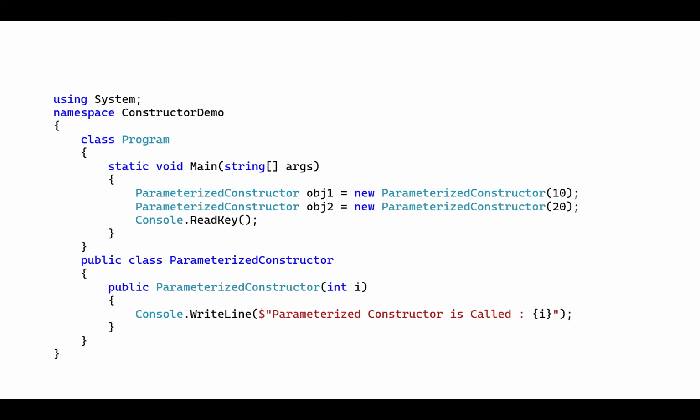So you can create any number of instances of the class, and each instance will be with a different value, like this. This time we create with value 10, value 20, and we have different types of parameters.